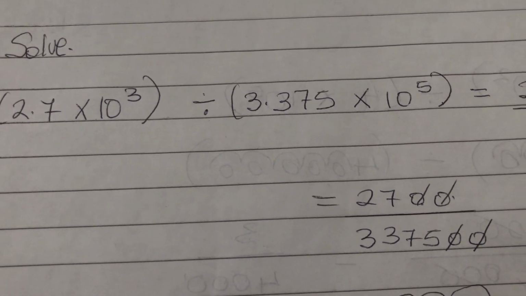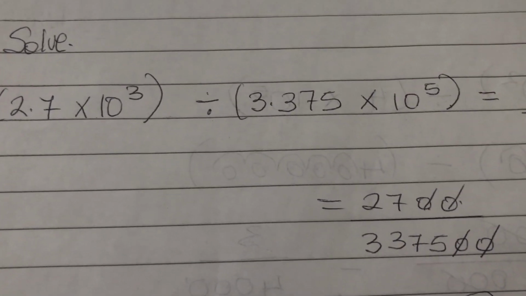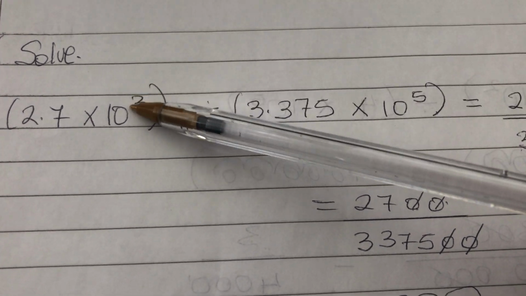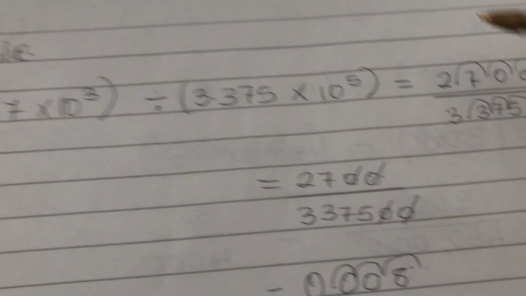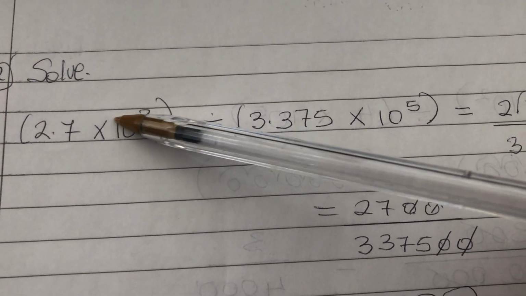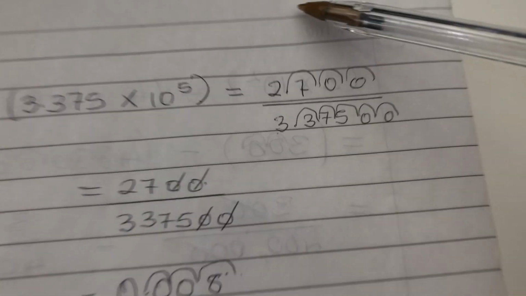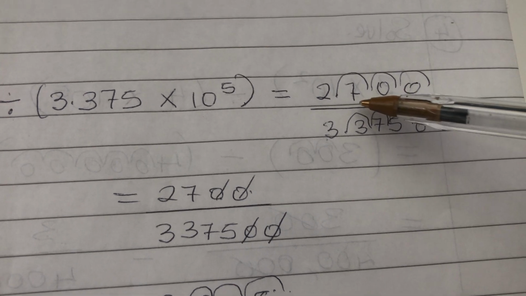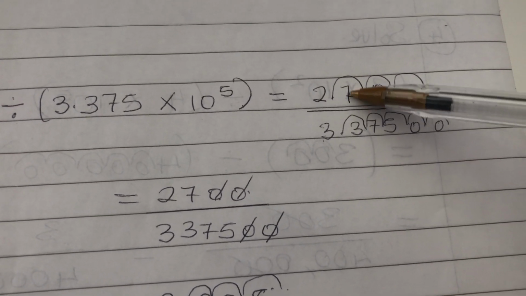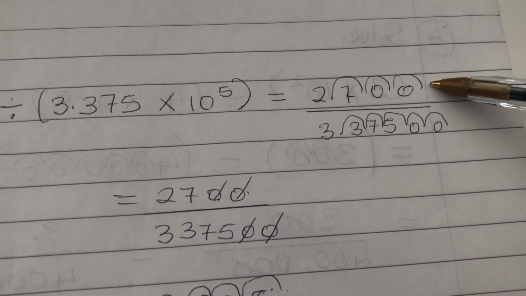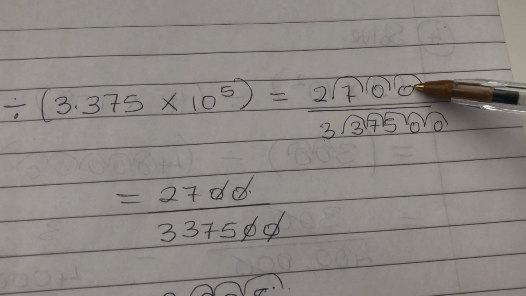Now 2.73 times 10 to the power positive 3, so we are going to move 3 places. So the numerator becomes 1, 2, 3, so we add 2 zeros.